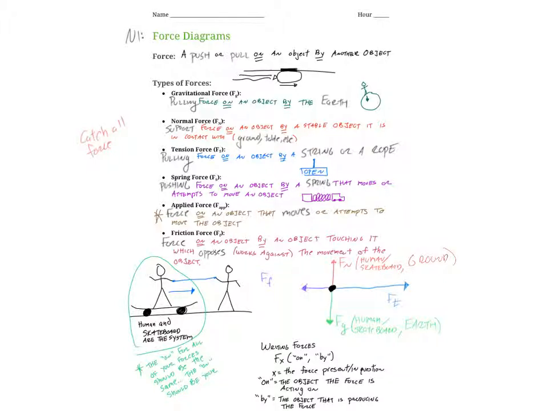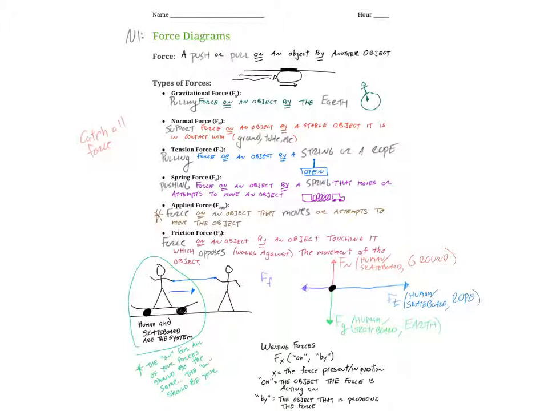Okay. And then we have the tension force, which is the rope that the skateboarder is being pulled by, right? And so that would be the human, the skateboard. Okay, and the thing that is putting the force of tension on the human is the rope.